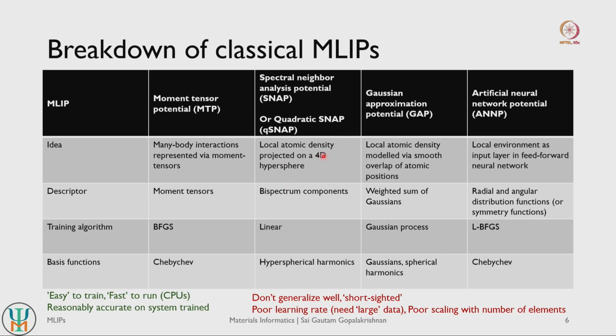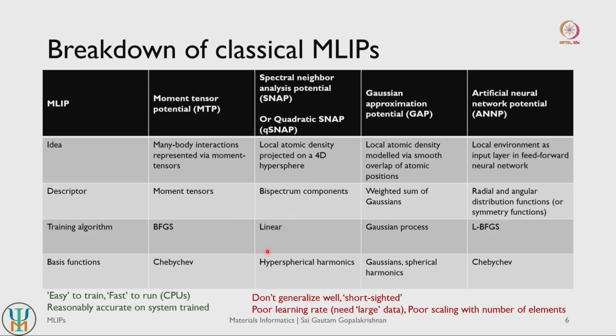That's why the developers of SNAP use this projection technique. Once you project it on the 4D hyperspheres, you can describe your local atomic environment using what are referred to as bispectrum components. Think of these as Fourier transformed versions of your 4D hypersphere.